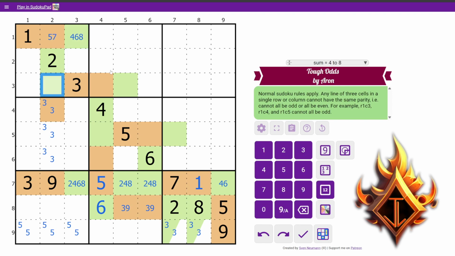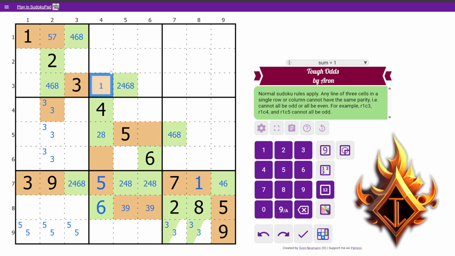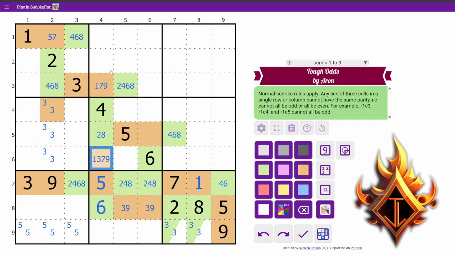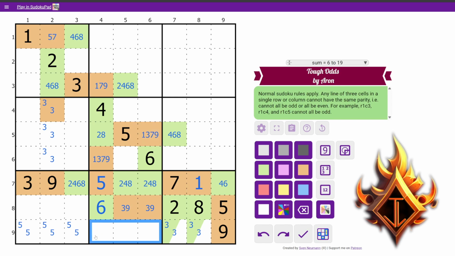This is 4, 6, 8. 4, 6, 8. 2, 6, 8. 2 or 8. 4, 6, 8. 1, 7, 9. 1, 3, 7, 9. 1, 3, 7, 9. 1 goes down here. 1 goes over here, not on the left. This goes up vertically there.